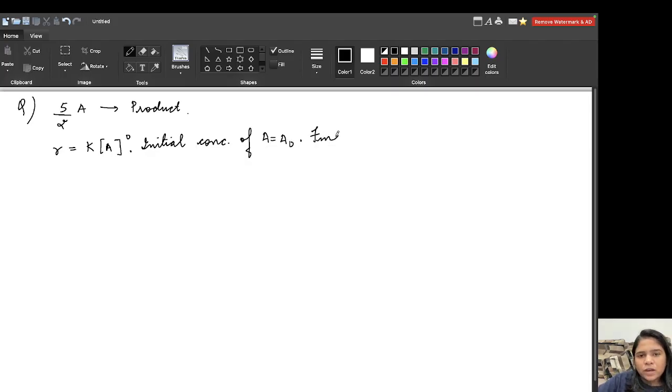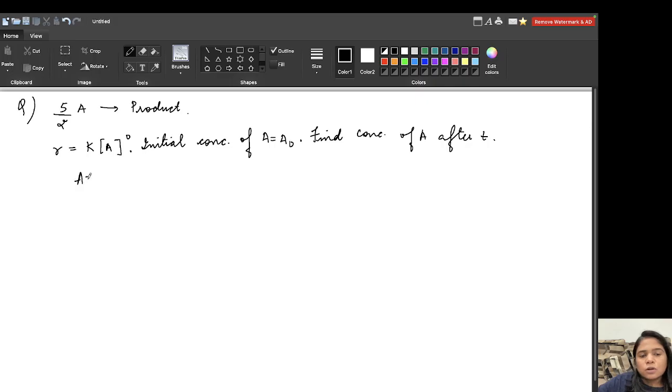You need to find the concentration of A after time t, and the half-life. You directly know how to find it.